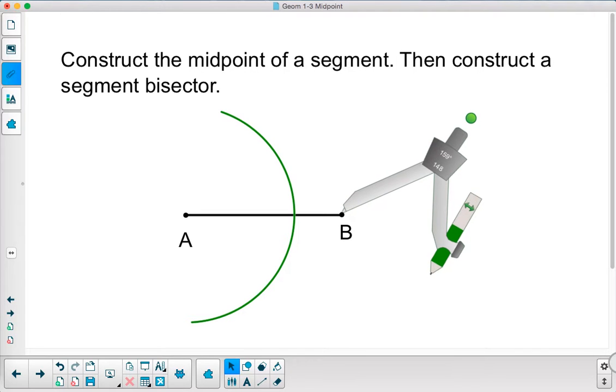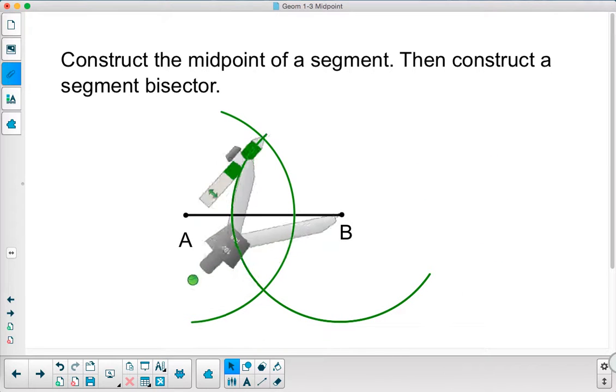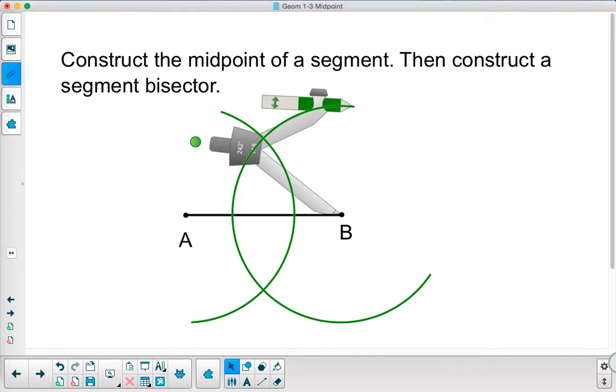Okay, I'm going to position the compass point now at the other end of the segment, and I'm going to try and draw the arc. You didn't have to start way out where mine was, but it's hard to flip this around without changing the angle.